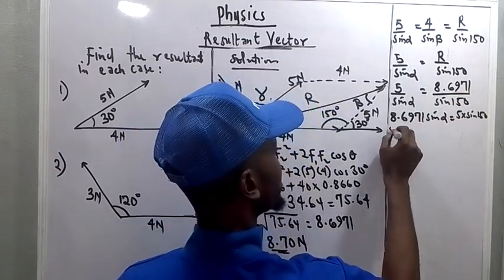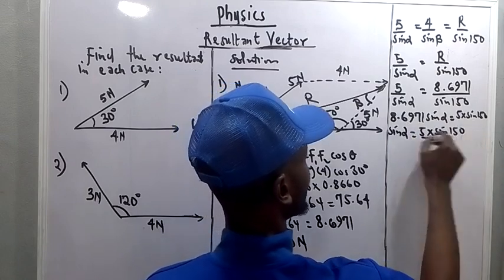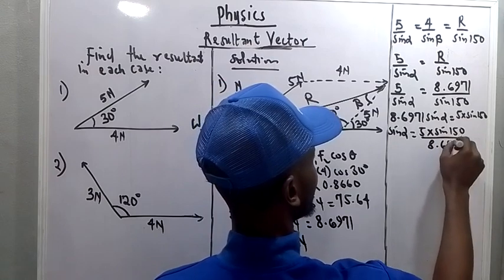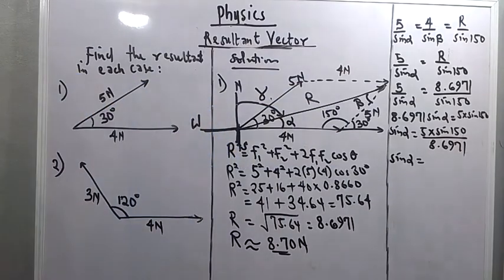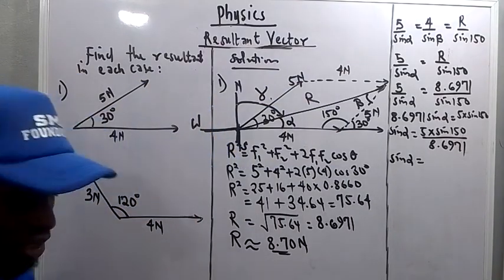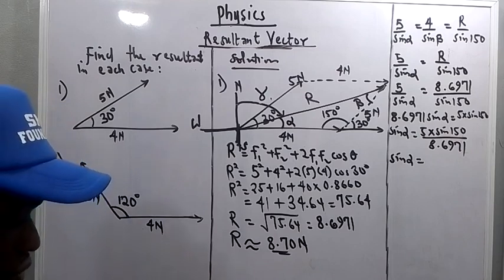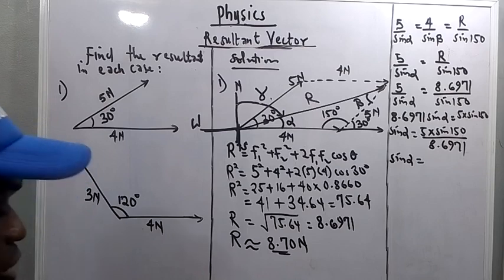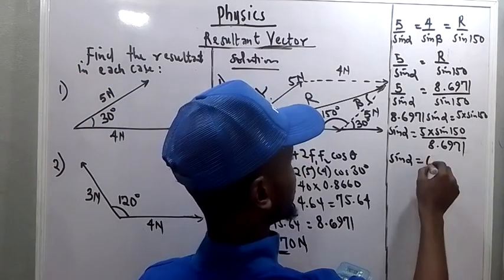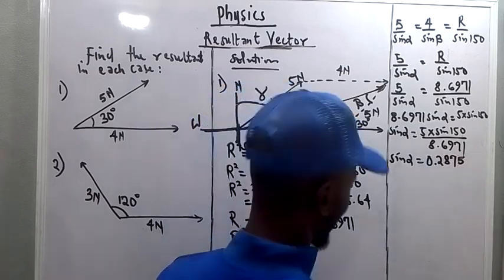Now, sine alpha will be equal to 5 times sine 150 divided by 8.6971. Now multiply that together and divide by the denominator. That gives me 0.2875 to 4 decimal places.